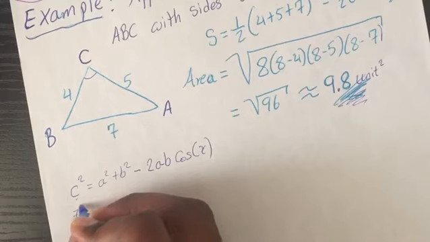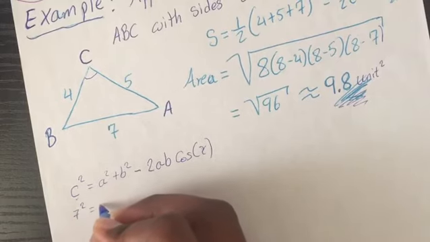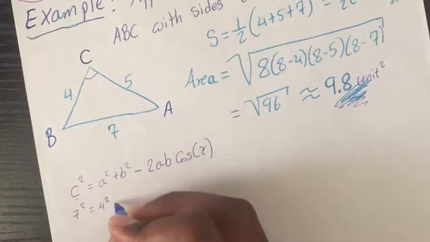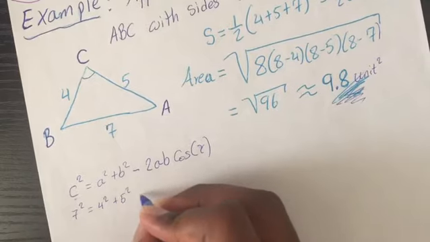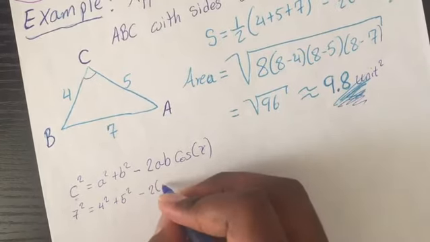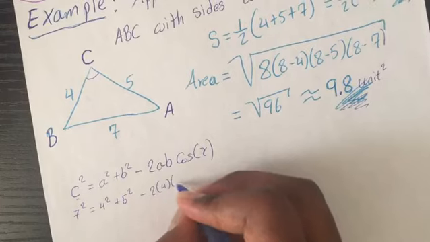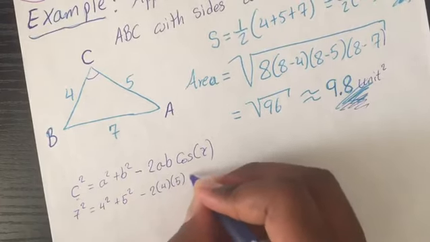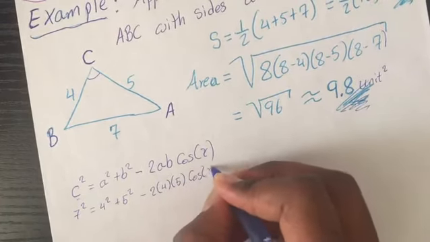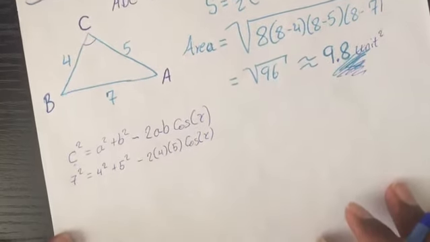You have 7 square equals A is 4 square, B is 5 square, minus 2 times your A times your B, and then times the cosine of gamma, which in this case we don't know.